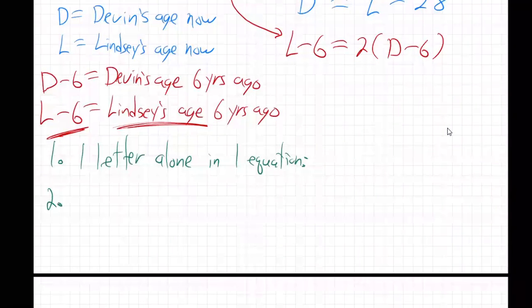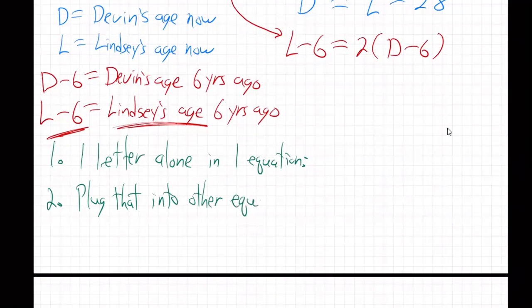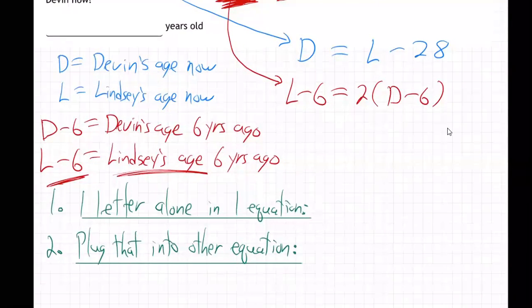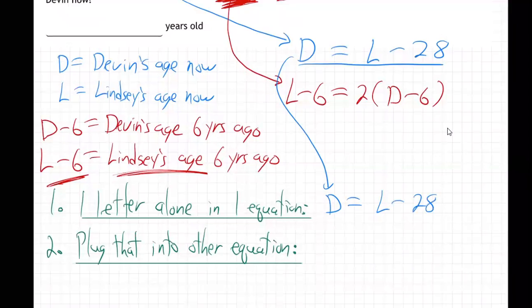And then step number 2, plug that into the other equation. So we've already got 1 letter alone in one of the equations right here, this the D one. So I'm going to plug that into the other equation.